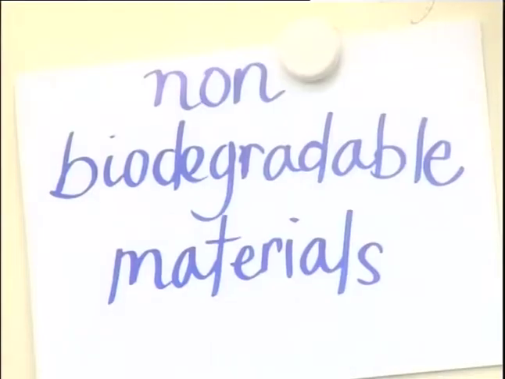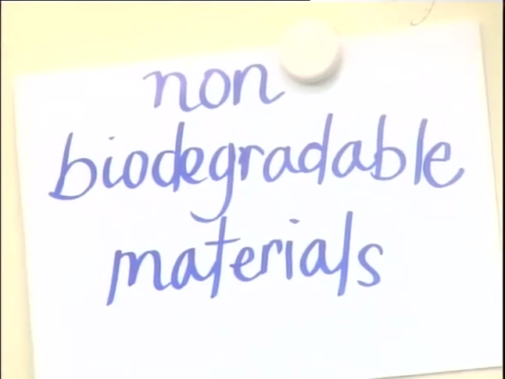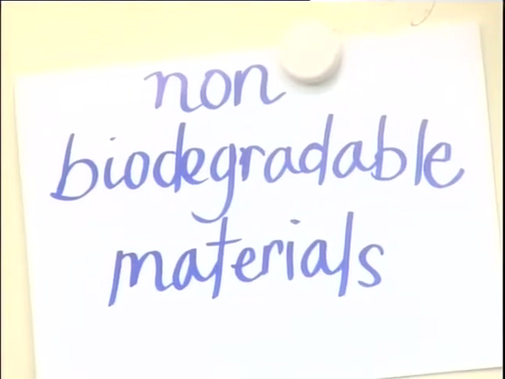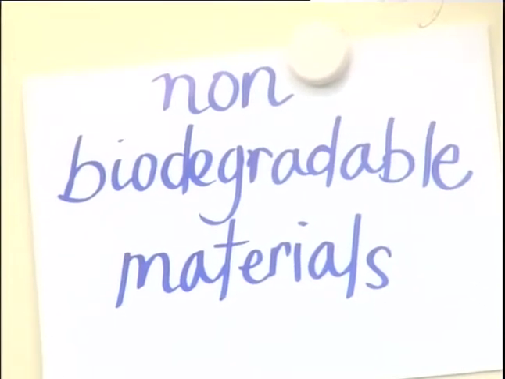For the model class, you were given a sheet of paper earlier on, and a marker. So I'd like you to use that to brainstorm on this word non-biodegradable materials. Think of some words or some things that relate to this word.